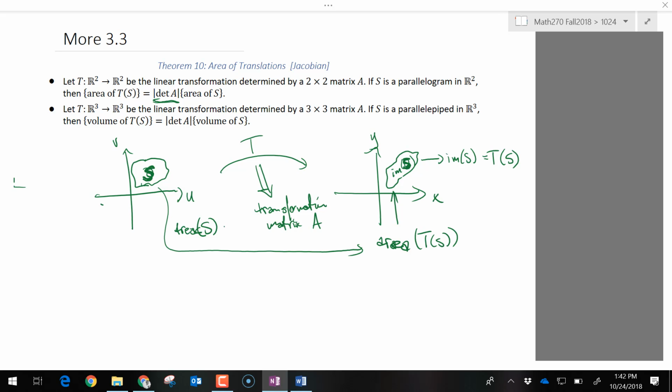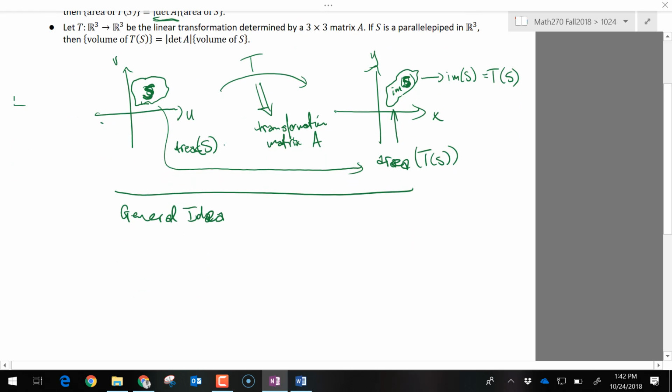Okay. And the general idea and why this would be useful is that maybe in this XY world that you're living in, you have a complicated looking area that you need to find.